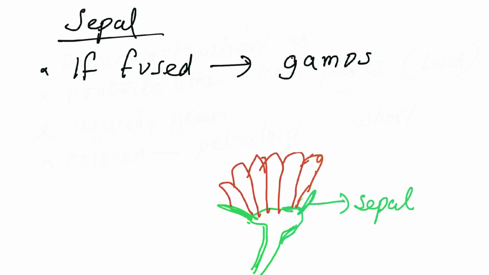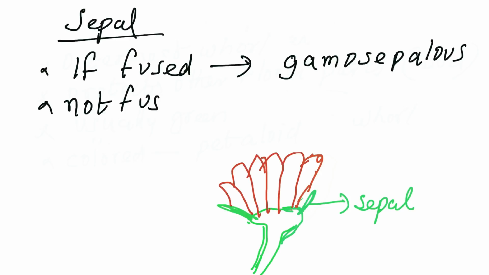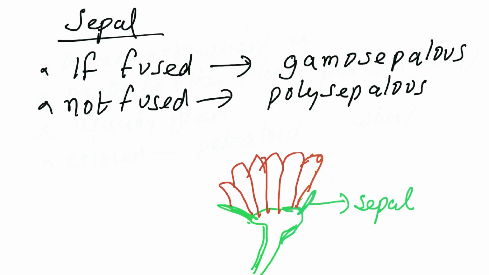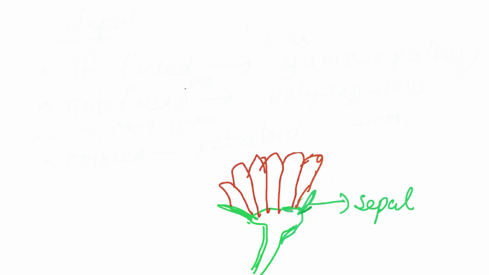If the sepals are fused, we call them Gamosepalous, and if they are free, that means the sepal parts are not fused, such sepals are called Polysepalous. So that's about sepals, which is the outermost whorl of the floral parts.